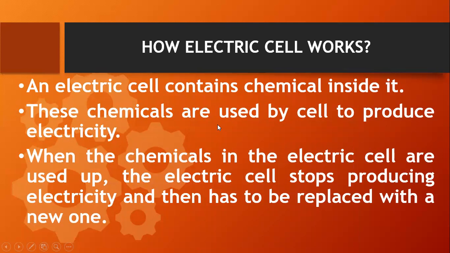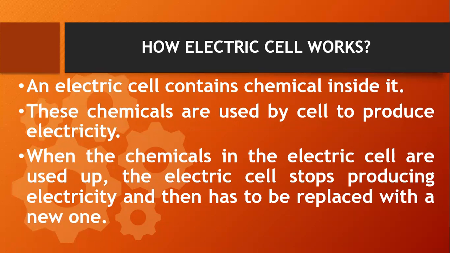Now the question arises: how does the cell work? We have already discussed how the cell works. A cell contains chemicals inside it, and these chemicals are used by the cell to produce electricity. When the chemicals react with each other, they produce chemical energy, and that chemical energy is converted into electrical energy.